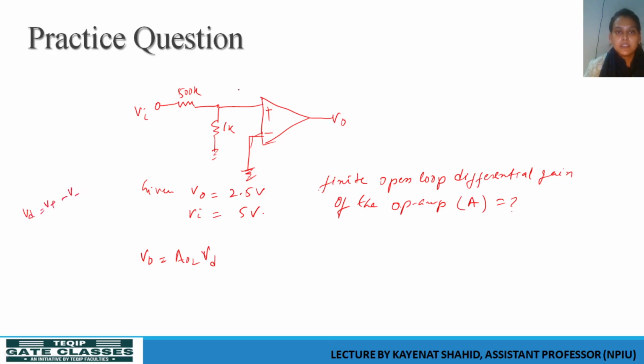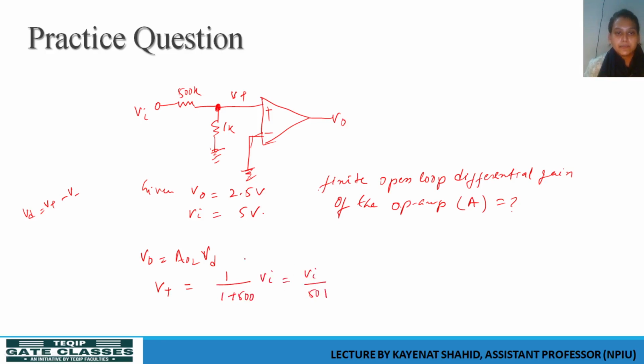Here V minus is 0, and V plus is the voltage drop across the 1k resistor. By the simple voltage divider rule, V plus is 1 over 1 plus 500 times VI, which is VI by 501, right?